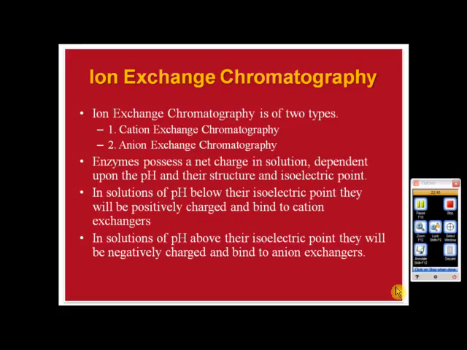So what is the net charge? So isoelectric pH or isoelectric point is a particular pH at which the net charge on the protein is 0. Zwitterion means it contains an equal number of positive and negative charges, so the net charge will become 0.